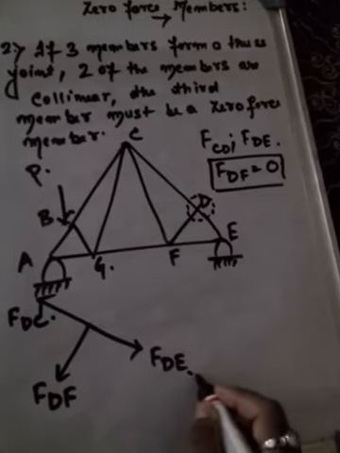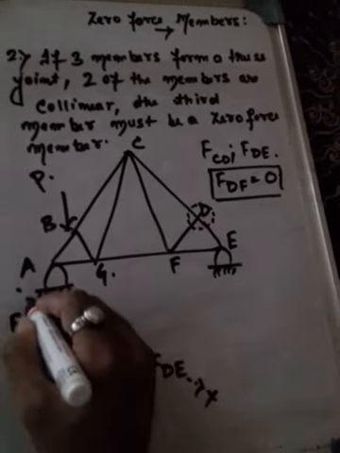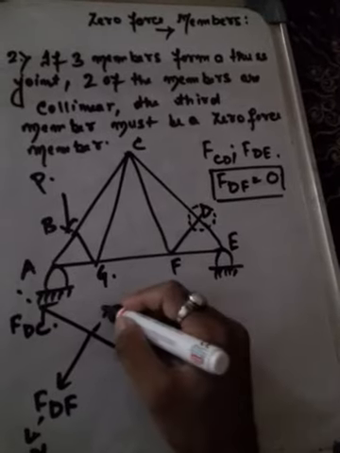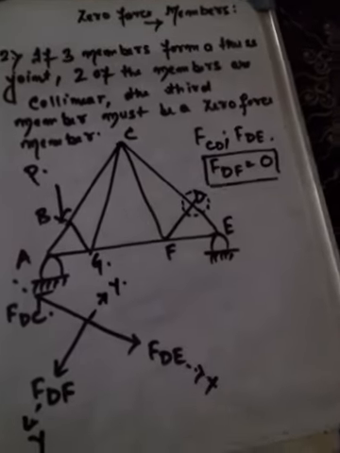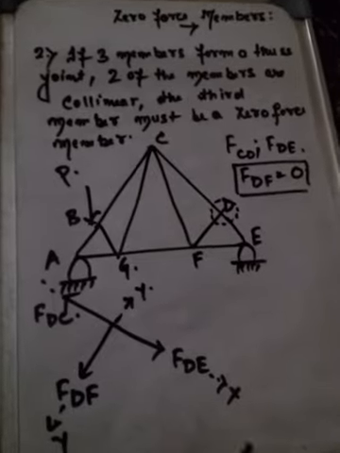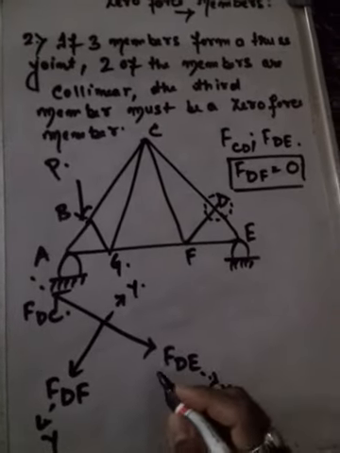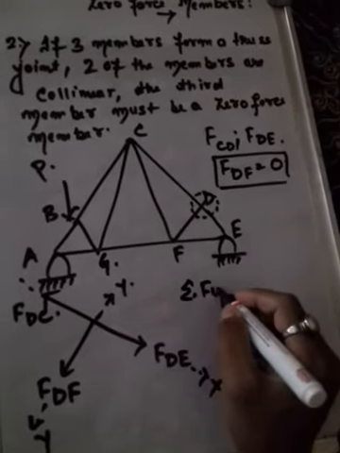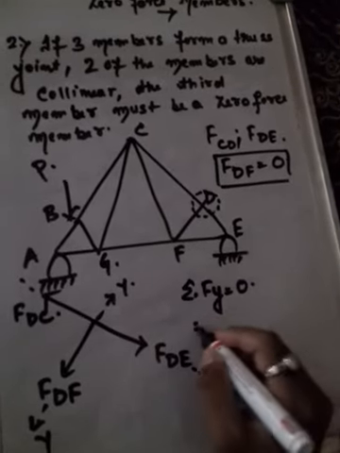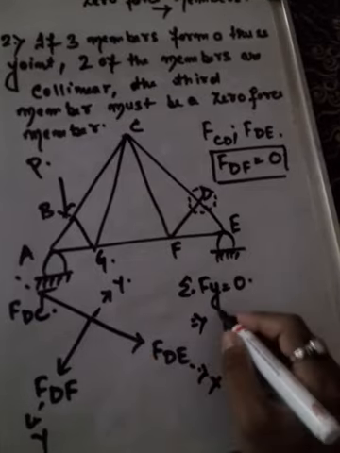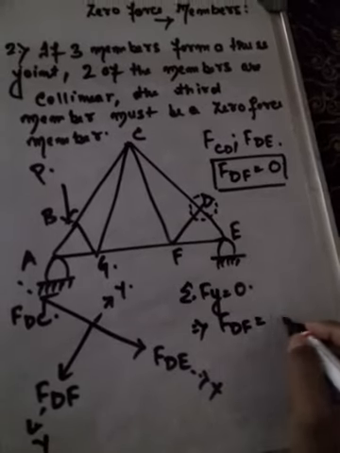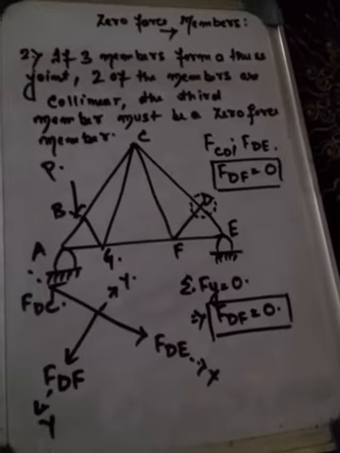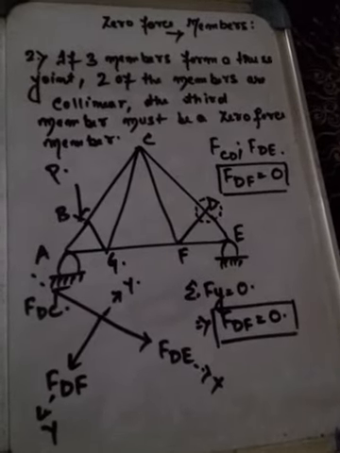You take this as the x-axis and this as the y-axis. Now do summation of Fy equal to 0. There is only one component, so FDF will be equal to 0. So I think it is clear about joint D.